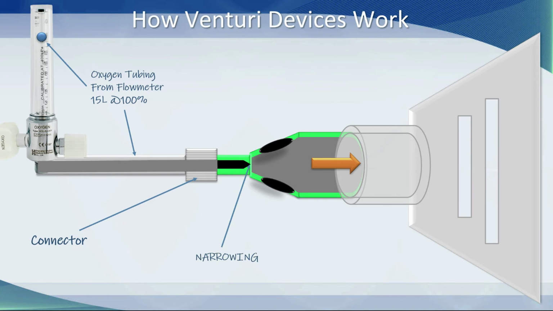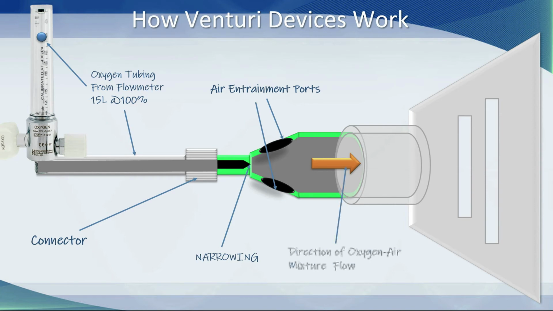Now beyond that point, it widens up again, and the body of the device contains 2 or more, maybe 4 air entrainment ports. So they're the air entrainment ports, and the oxygen mixture between oxygen and air then travels into the face mask. So that's the direction of flow of oxygen and air into the face mask. The face mask itself contains exhalation ports.